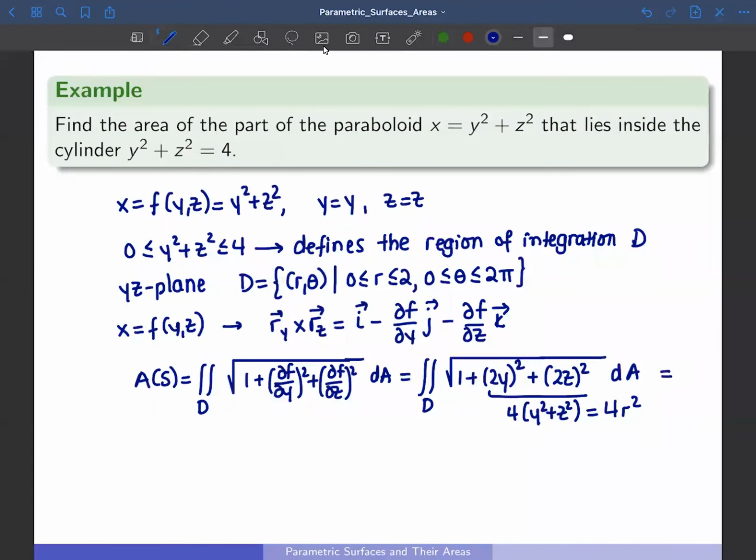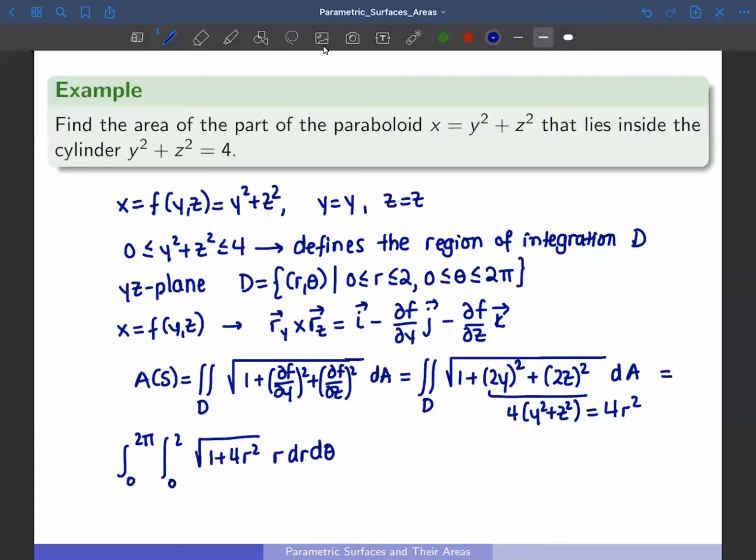So if we convert to polar coordinates, we have the integral from 0 up to 2 pi for theta, and the integral from 0 up to 2 for r of the square root of 1 plus 4r squared times dA, which is equal to r dr d theta.